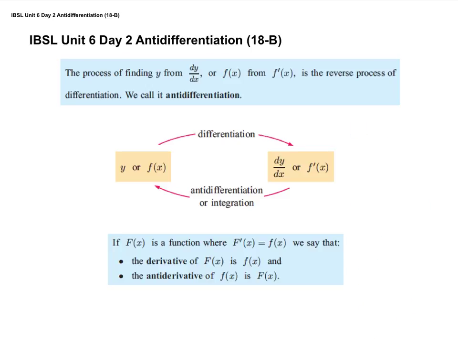Now, like I said, we're going to revisit that more as we move forward. But there's a little notation I want you to be familiar with, and that is capital F of x. Capital F of x is what we use to represent an antiderivative. If you took the derivative of capital F of x, it'll take you back to the original function f of x.